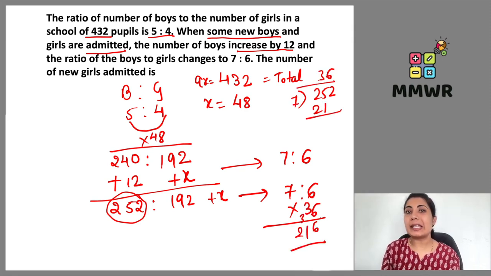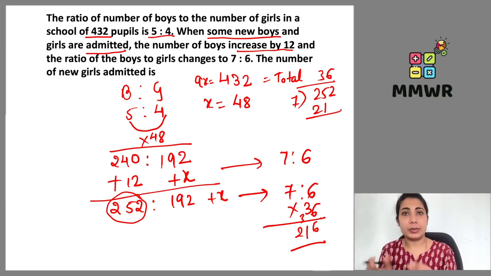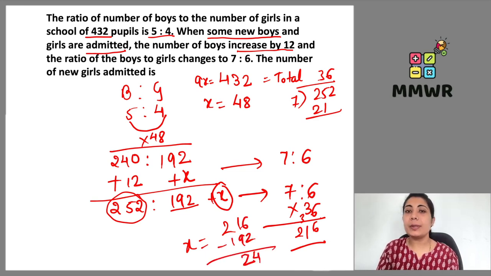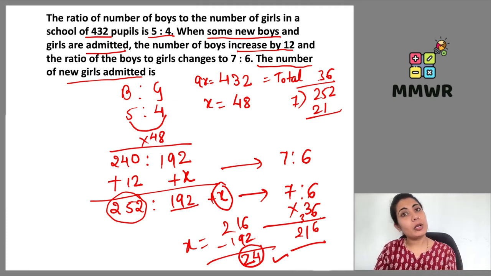So 216 girls are there after the increment, but before the increment it was 192. So the value for x will be 216 minus 192, which is 24 girls increased. How many girls got admitted? 12 boys have joined and 24 girls have joined.